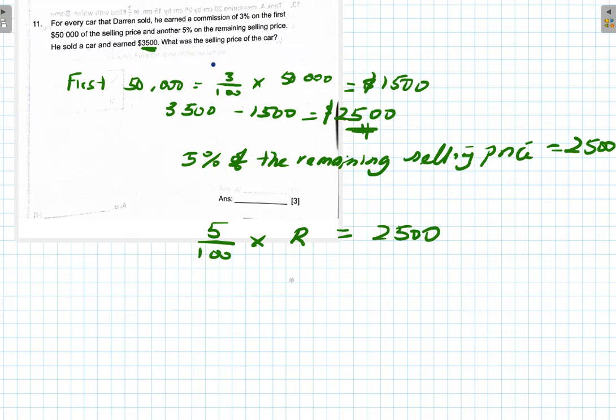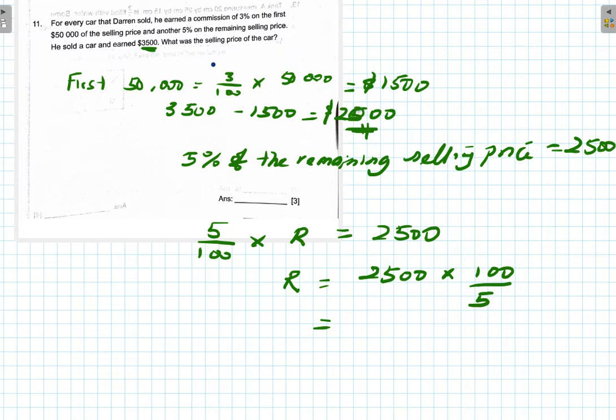You can do your calculation. So here R equals, when this one switches over here, it becomes 2,500 times 100 divided by 5. Now you're P6, I expect you to know why it is like that, okay? If you really don't know, just drop me a message. Oh, sorry. Here is not 2,500. My apologies.